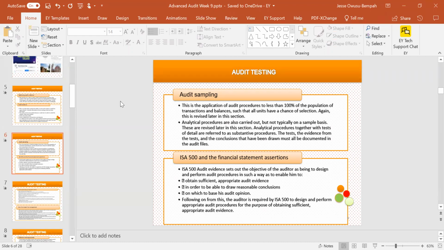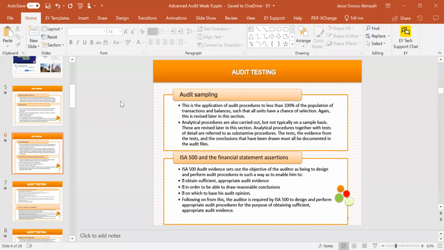Now, ISA 500, if you remember, we've talked about International Standards on Auditing. ISA 500 refers to audit evidence.